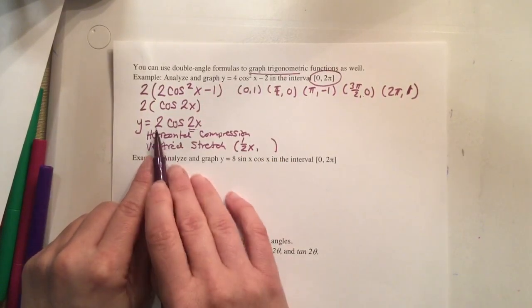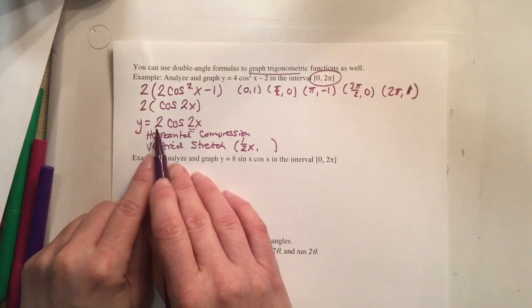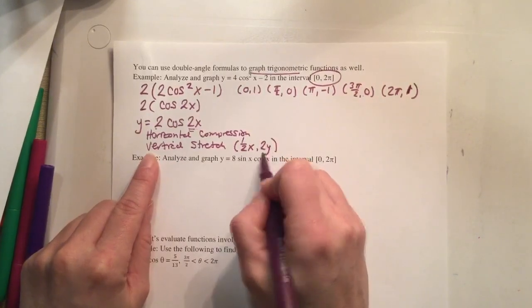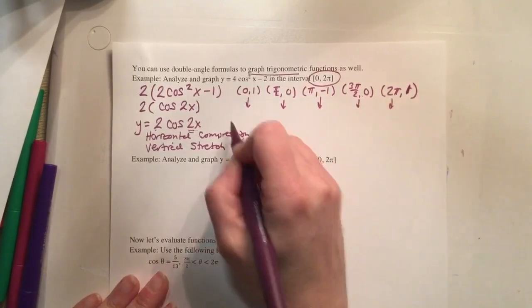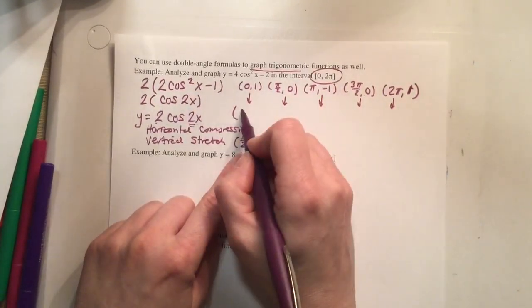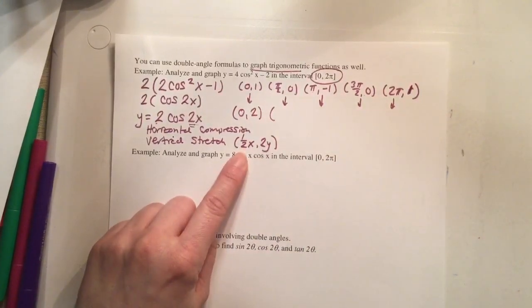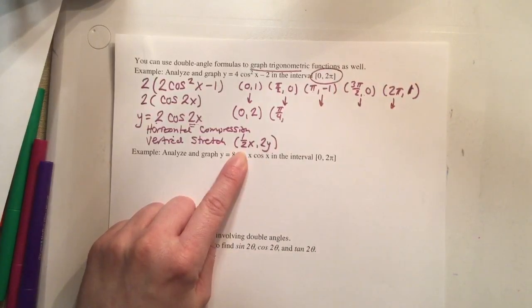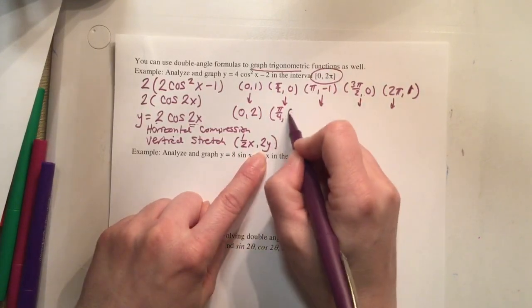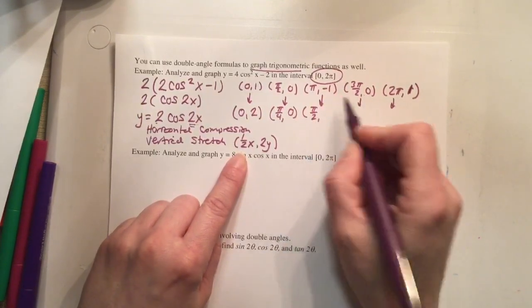Now vertical stretch, you're multiplying the y value because that's the vertical axis in your coordinate plane. You're multiplying it by 2. So I have to take 2y. So here are my new ordered pairs. 1/2 times 0 is 0. 1 times 2 is 2. 1/2 times pi over 2 is pi over 4, because remember it's top times top, bottom times bottom. 2 times 0 is 0. 1/2 times pi is pi over 2.